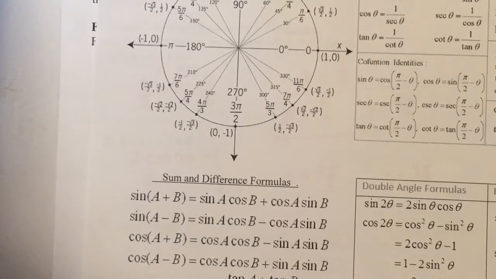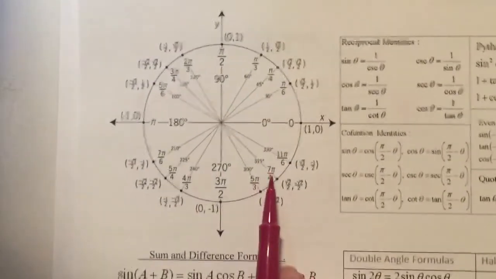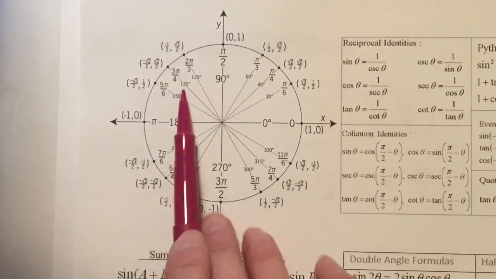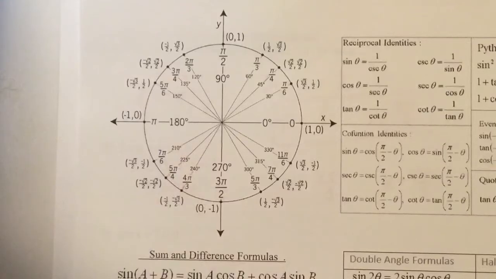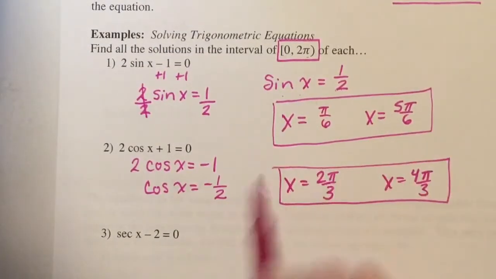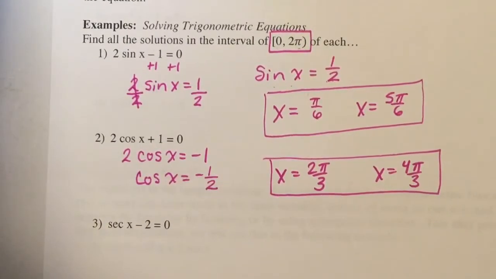My x value, which tells us if you're going to the right or the left, is negative, so I know I won't have any values on the right side of the graph. I would just have them going over to the left. I did find two solutions, one in quadrant 2 and one in quadrant 3. Your solutions to this equation would be x equals 2 pi over 3 and x equals 4 pi over 3.